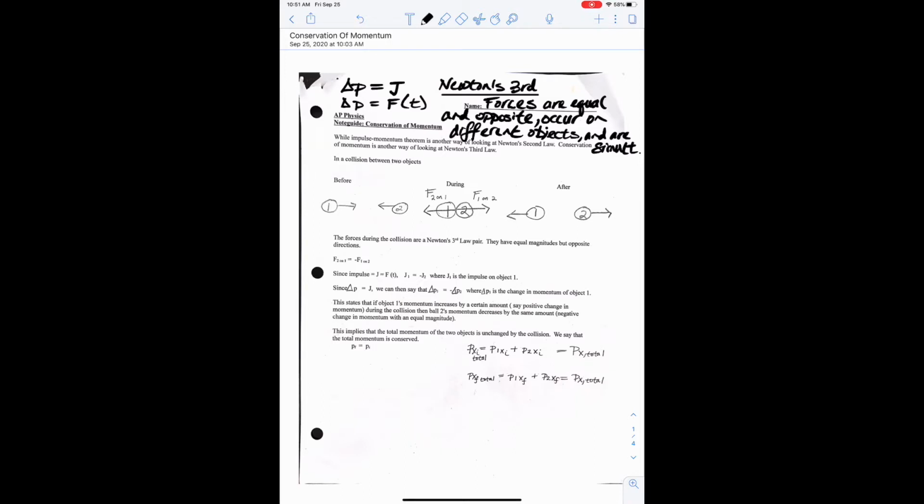So down here we have a collision between objects 1 and 2. And what we see is that the force on object 2, which we'll call F, the force of 1 on 2, is equal and opposite to the force of 2 on 1, right?